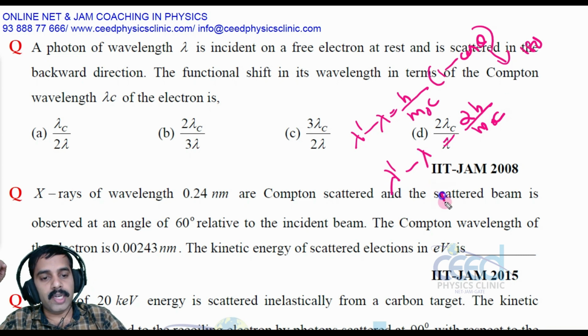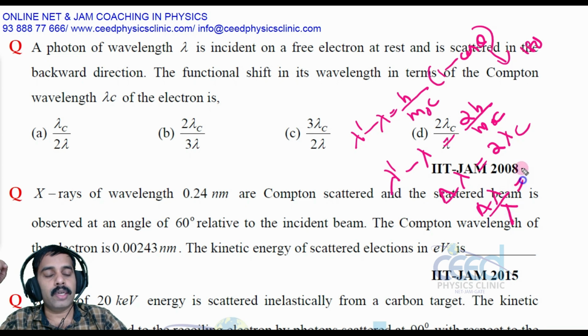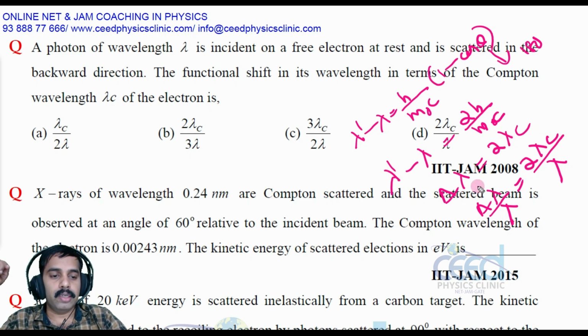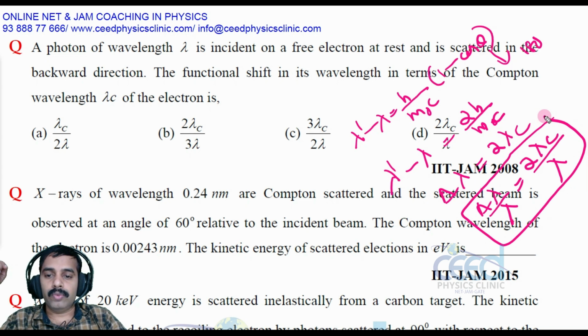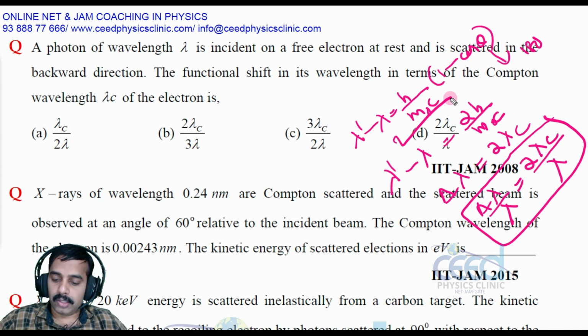So delta lambda is equal to, h by m0c is the Compton wavelength, that is 2 into lambda c. Now if I take the fractional shift, delta lambda by lambda is equal to 2 lambda c divided by lambda, right? So this is the fractional shift in wavelength. So which one is the option? 2 lambda c by lambda. Option D is correct, right?